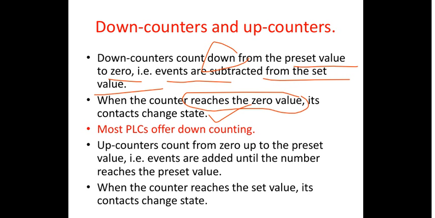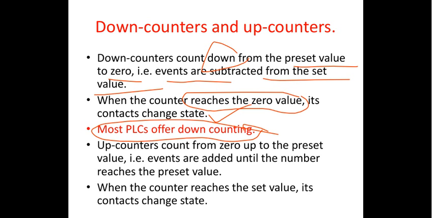However, that doesn't mean that you are not using the up counters. Up counters are also used, where you have got a preset value. The up counters count from 0 up to the preset value, that is, the number reaches the preset value 100, starting from 0, 1, 2, 3 up to 100, whatever it is, right?